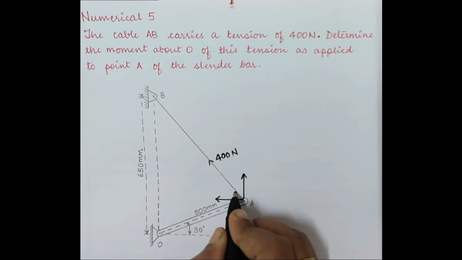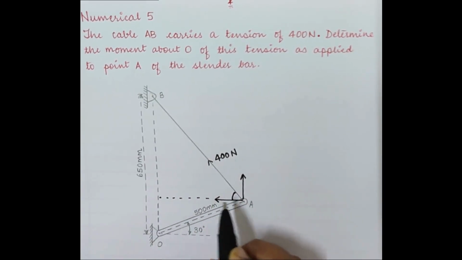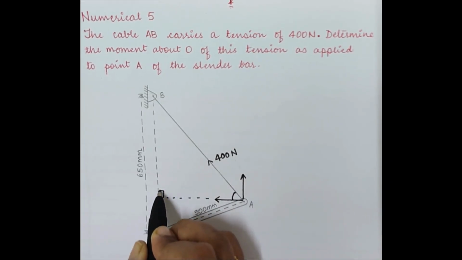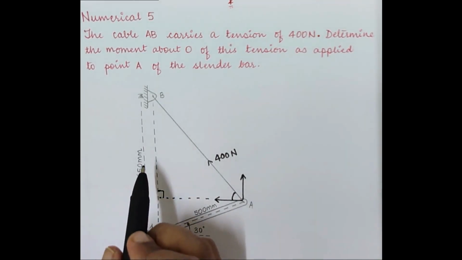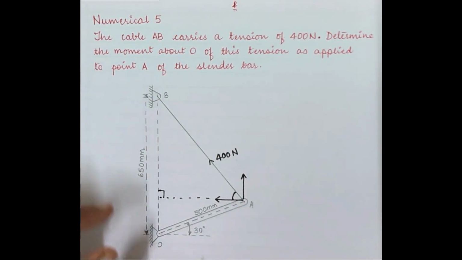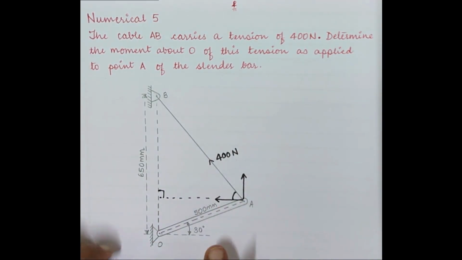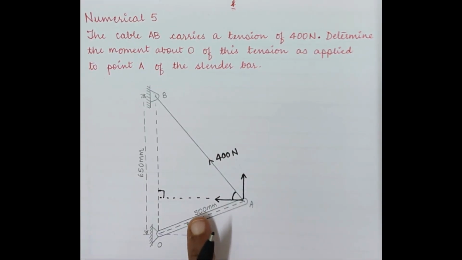Here, to calculate this angle, we can clearly see that we need this right angle triangle. For this right angle triangle, we need to know this dimension, that is the opposite, and we need to know this dimension, which is the base or the adjacent. To calculate this, what we have been given is a 500 mm distance OA and the angle 30 degrees.